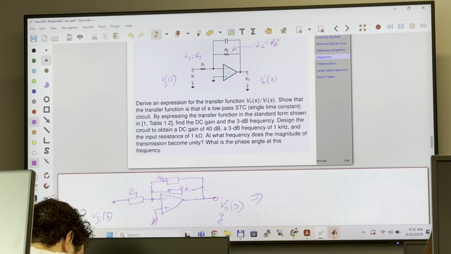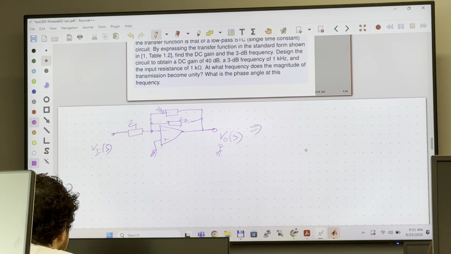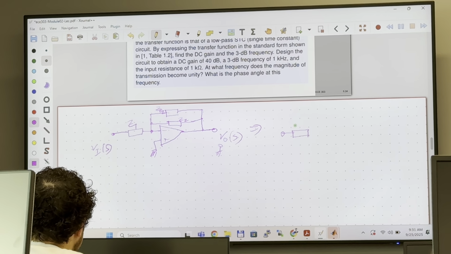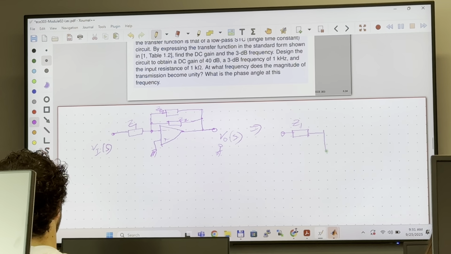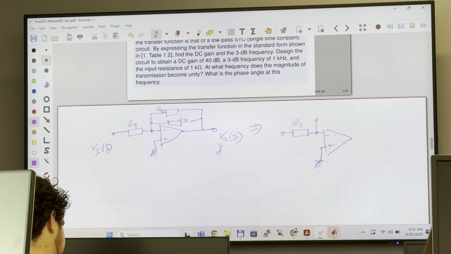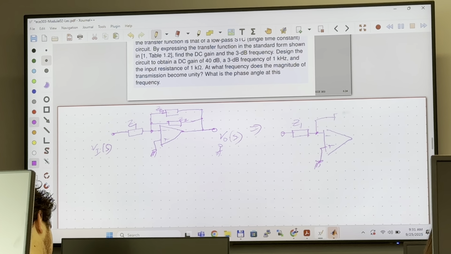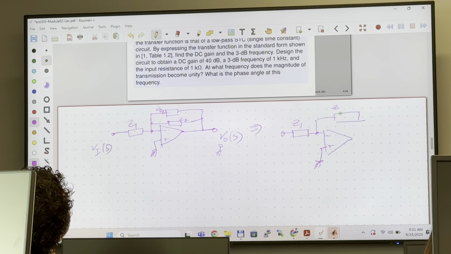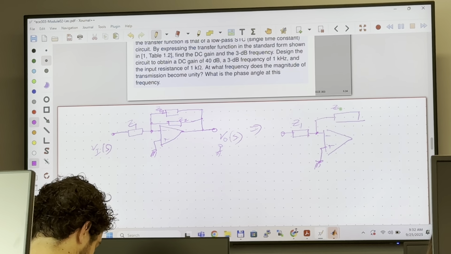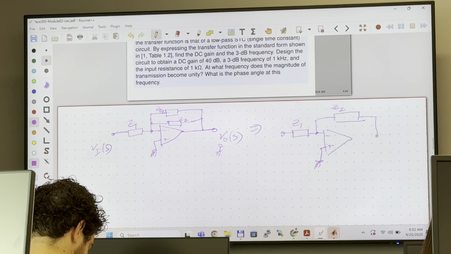So now we can simply have the input, Z1, negative, positive, and the output impedance, which I'll call Z2, and this is my output.